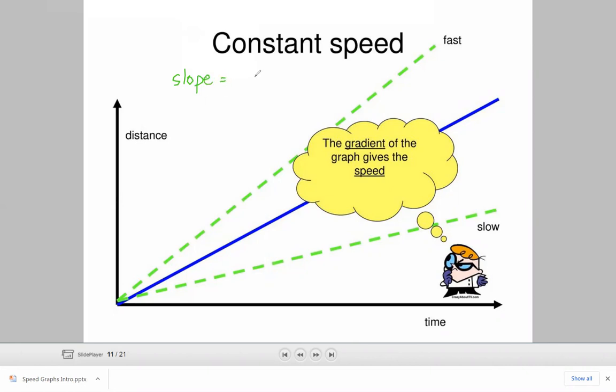So slope, which is also called gradient, is basically the change of distance on y-axis divided by change of value on x-axis.